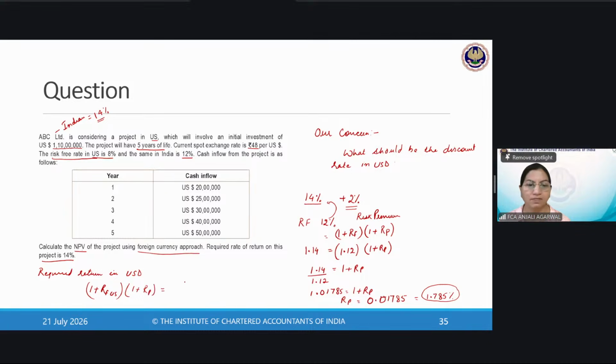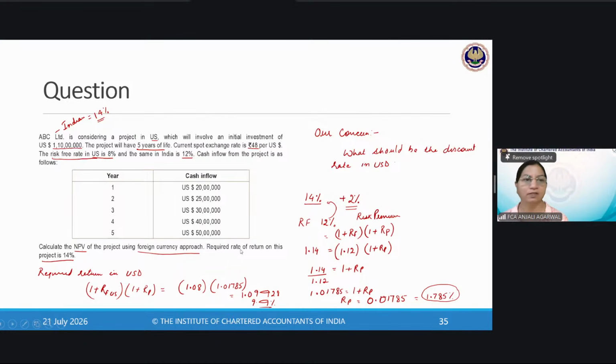So this becomes 1.08 multiplied by 1.01785, which is 1.09928. So I can take 9.9% as the discount rate, and we'll calculate whether the project has a positive NPV or not.